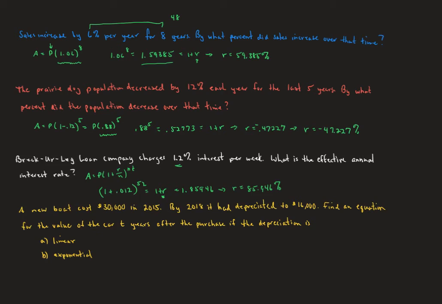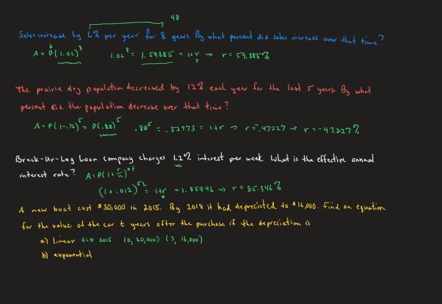So what we're getting is a couple of ordered pairs here. We know our time 0 is going to be in 2015, so at time 0, that value was 30,000, and in 2018, 3 years later, the value was down to 16,000.